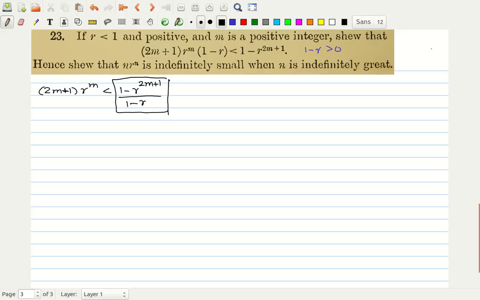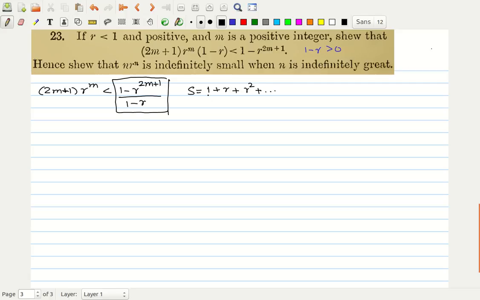We have to prove this, right? In order to prove this, we have to prove this. What we can see from this right hand side expression is that this is actually the sum of a geometric series. Let us call it S. It is the sum of the geometric series 1 plus r plus r square, and how many terms does it have? It has 2m plus 1 terms.